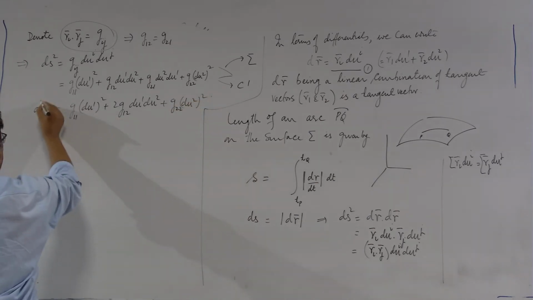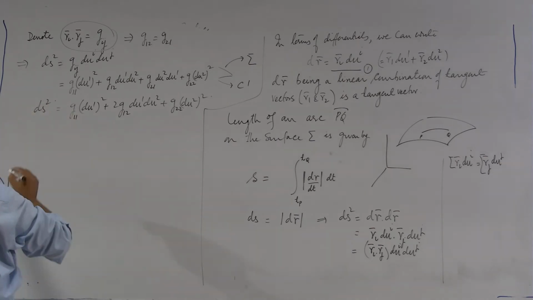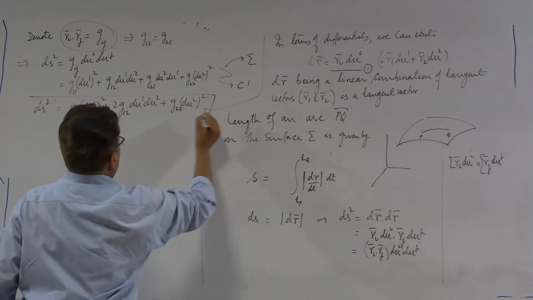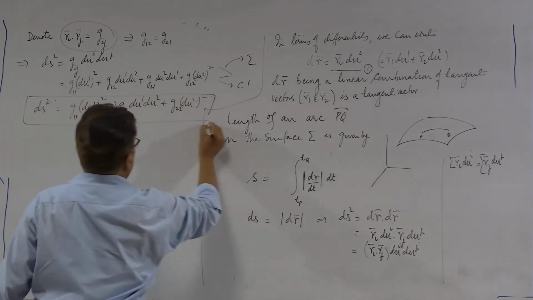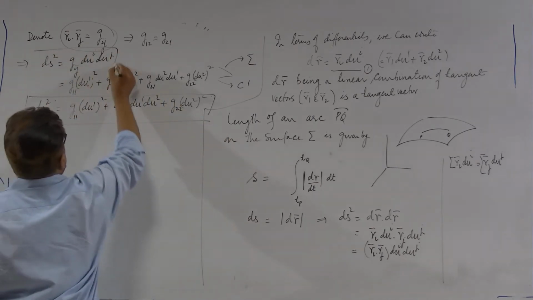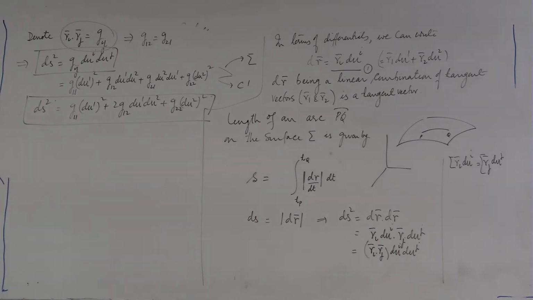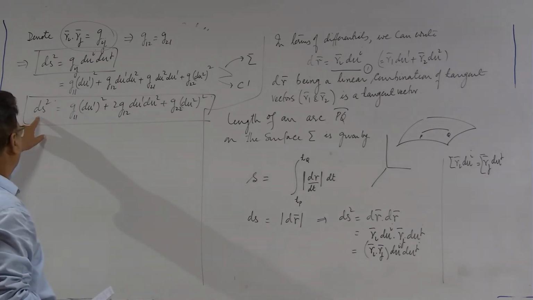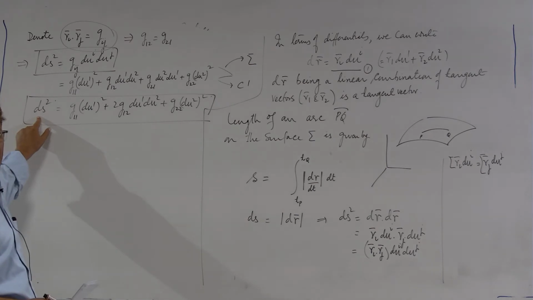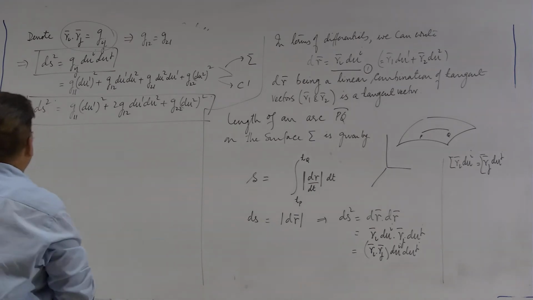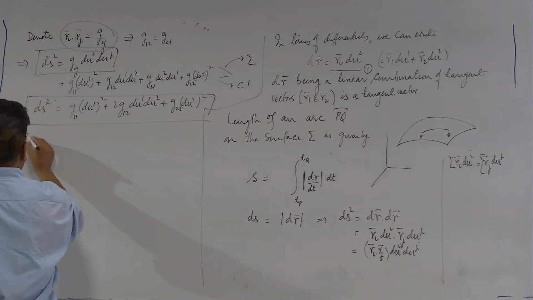This is ds square. This is in the expanded form and the other is in the compact form. Both the boxes are the same, and they are called the first fundamental form. This expression of the line element is called the first fundamental form of the surface.